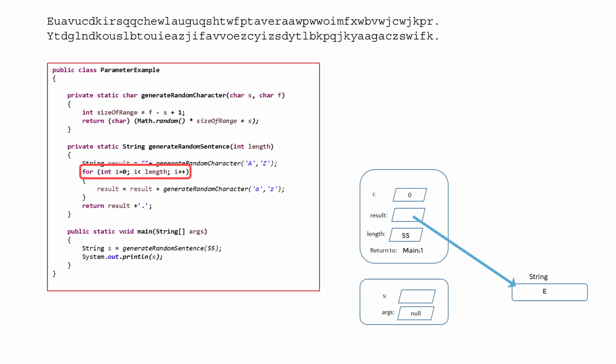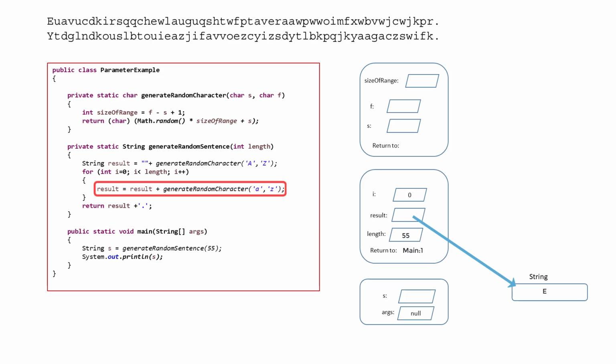Let's look carefully at what happens once. The computer goes to evaluate the right-hand side of this. The first thing it's going to need to do is call generate random character, passing in a lowercase a and a lowercase z. That's going to cause us to allocate a stack frame for generate random character that's going to remember that it's going to come back to this line of code.